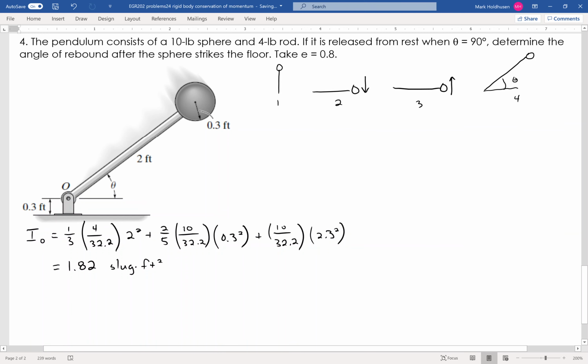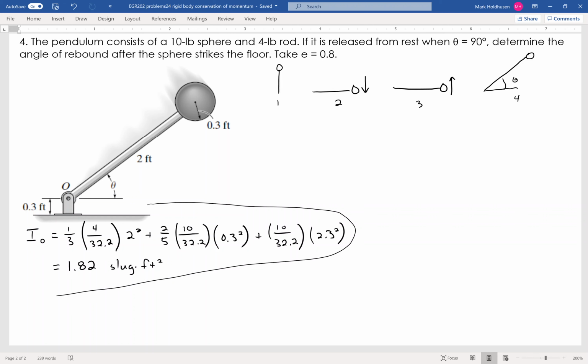So again, we're going to use conservation of energy for the first part. Going from 1 to 2 is conservation of energy, right? So KE1 plus PE1 equals KE2 plus PE2. It starts from rest, which it does, and I'm going to call the endpoint 0.